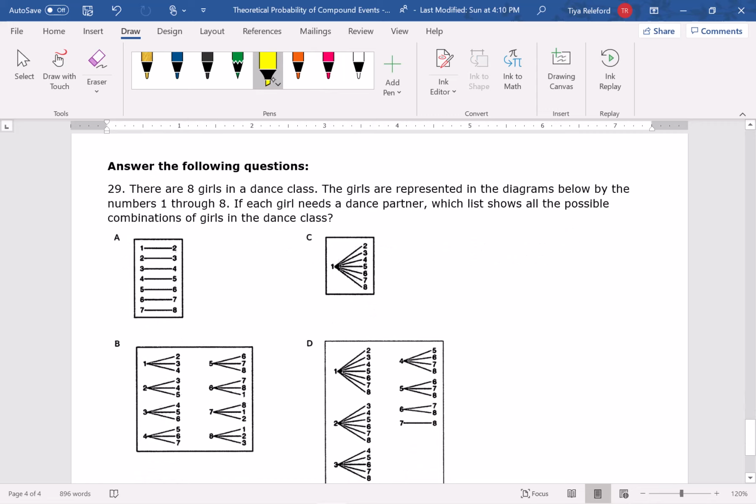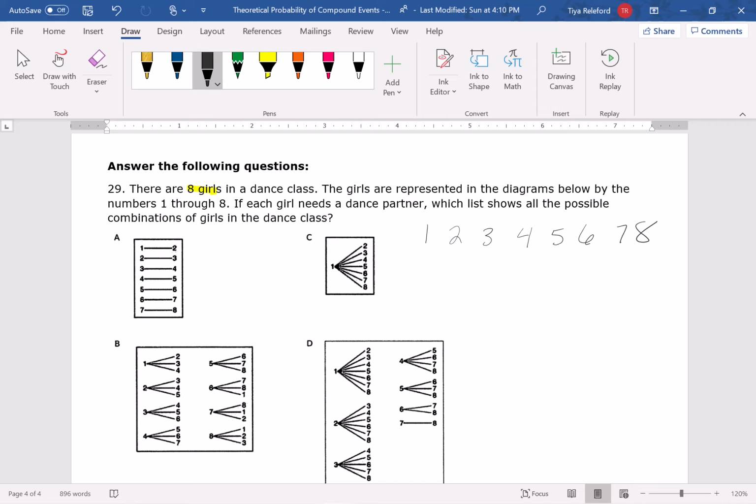Okay, 29 says there are 8 girls. The girls are represented by numbers 1 through 8. If each girl needs a dance partner, which list shows all the possible combinations of the girls at the dance class? So we have 8 girls. 1, 2, 3, 4, 5, 6.